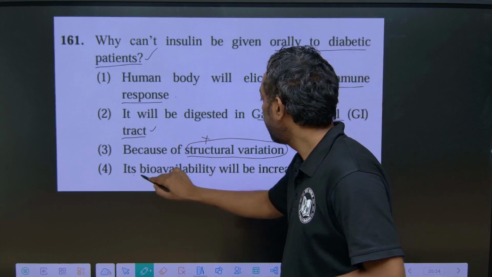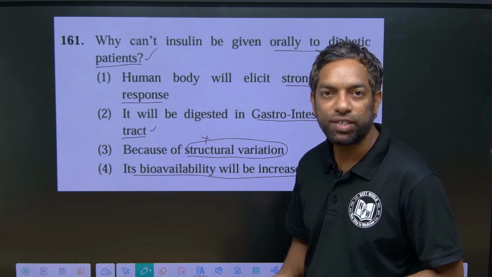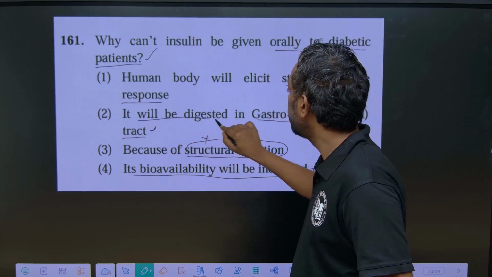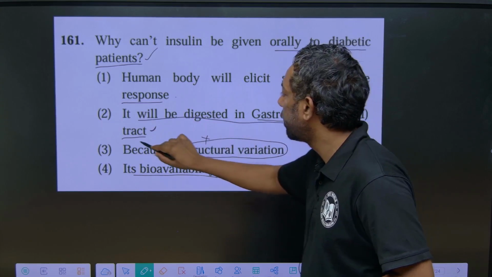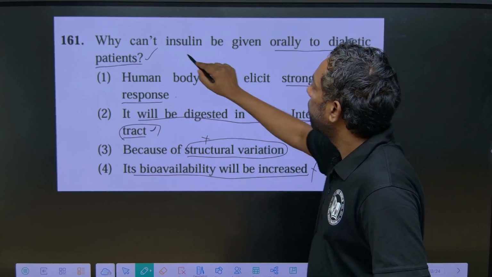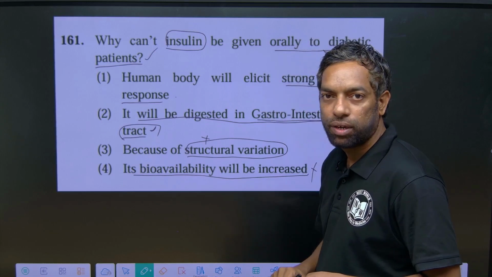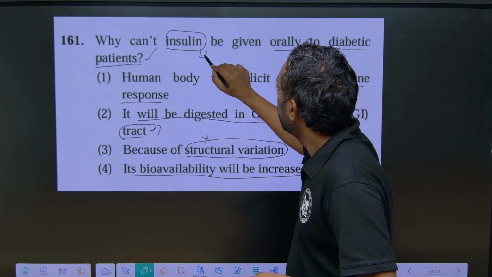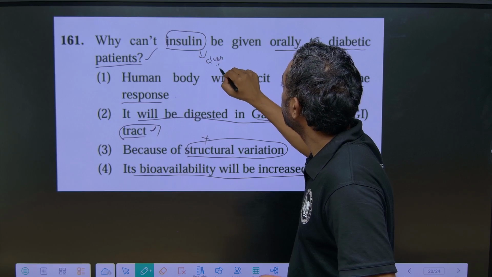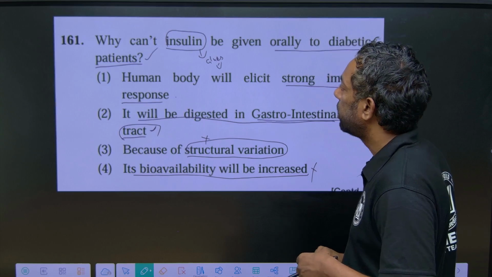The bioavailability will be increased. This is also an absolutely wrong answer. There is no relevance. The answer is that it will be digested in the gastrointestinal tract. Insulin is the hormone which can convert glucose into glycogen.